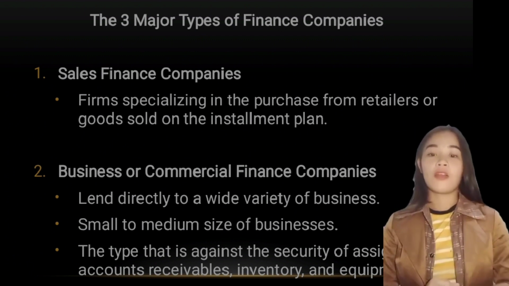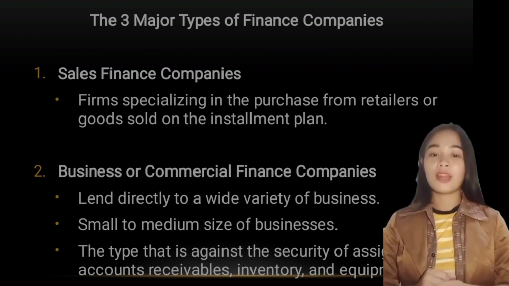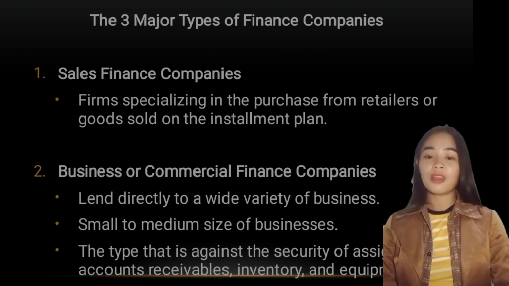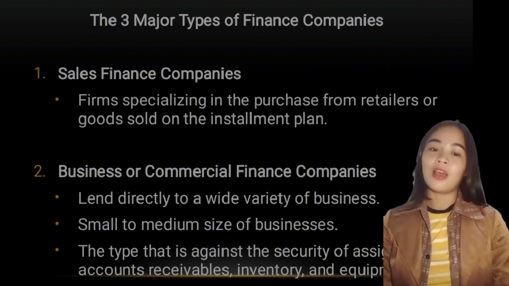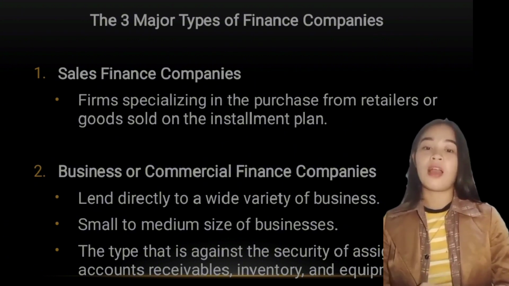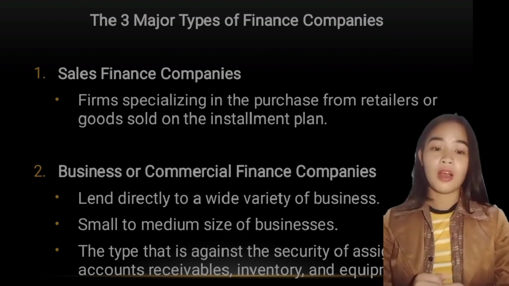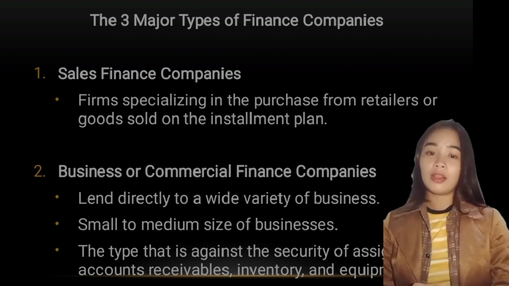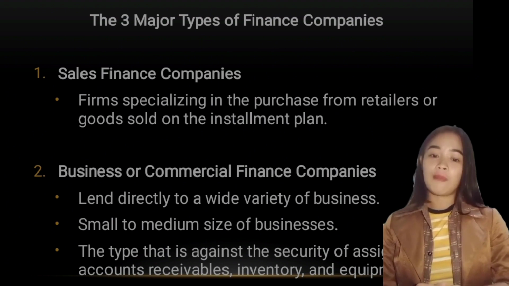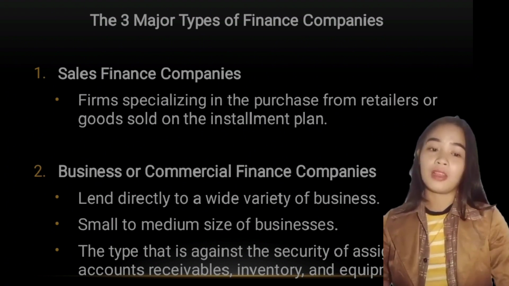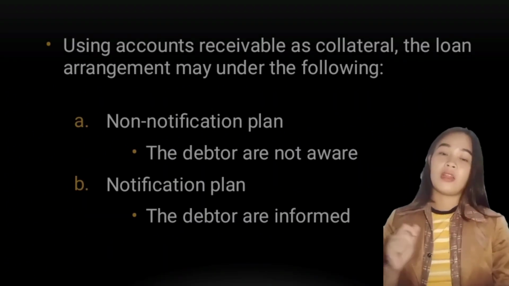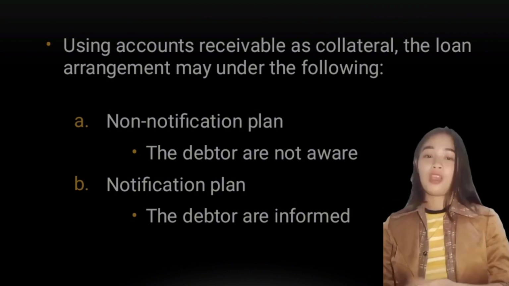Short-term loans are granted by this type of finance company against the security of assigned accounts receivable, inventory, and equipment. When using accounts receivable as collateral, the loan arrangement may be under either the non-notification plan or the notification plan.